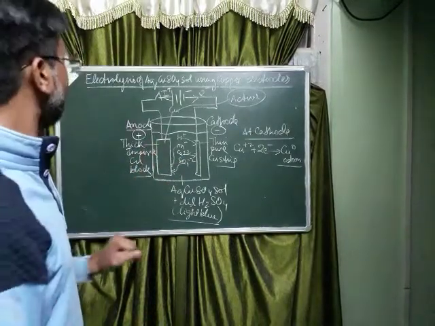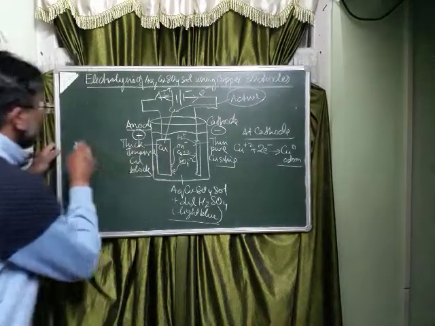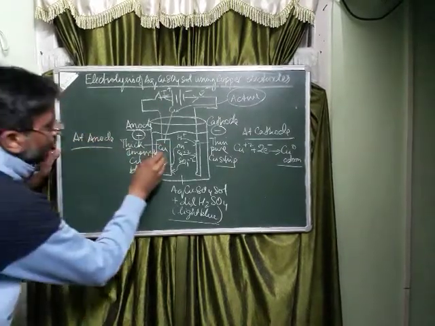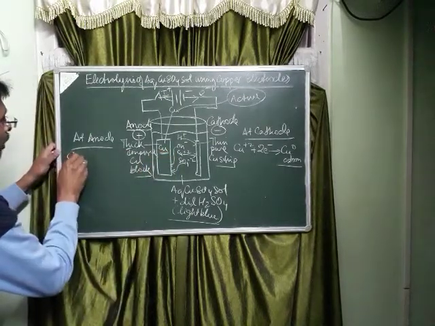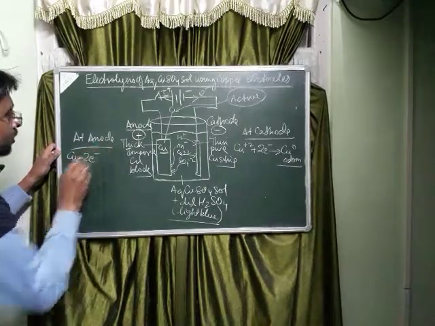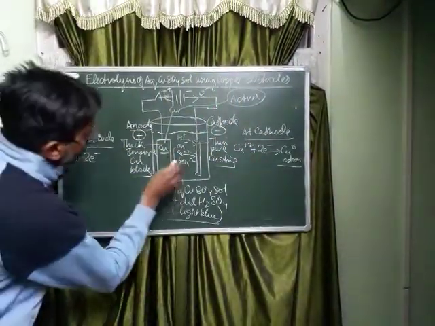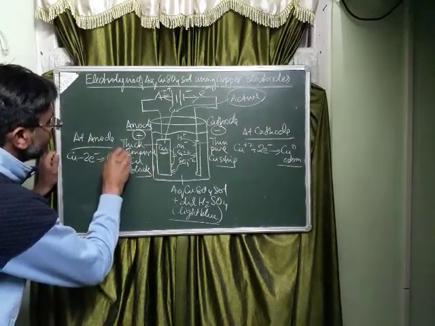So what happens over here? It is the anode which is made of copper. At the anode, the copper atom which is there on the anode, it will lose 2 electrons, give away 2 electrons, and it will enter the solution by forming copper ions.